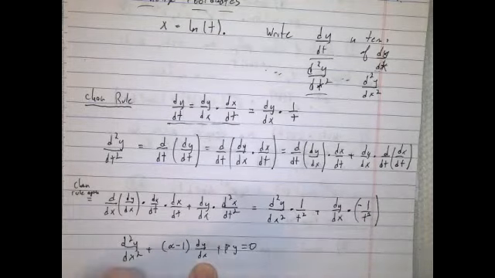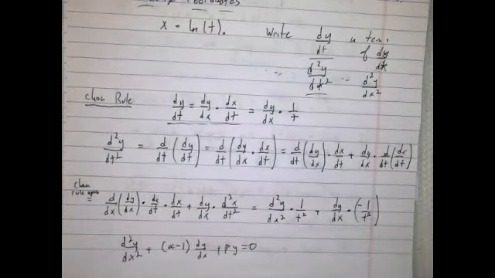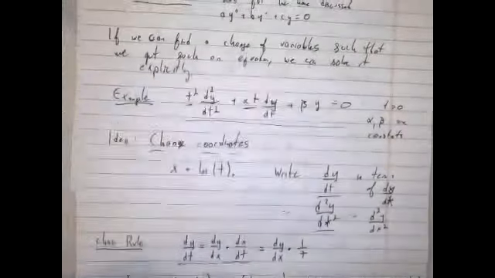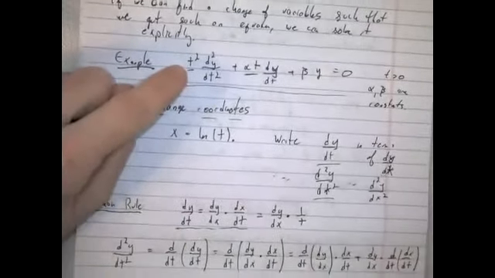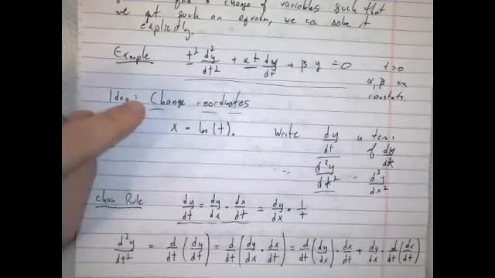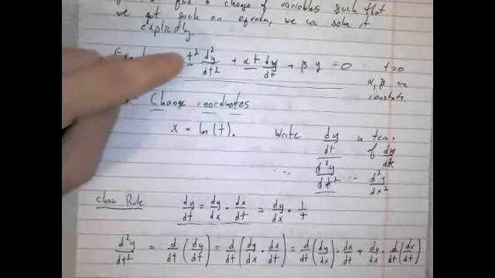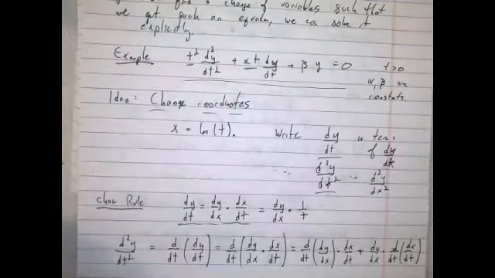Any questions on this change of coordinates that's just been done? This only works if we have a differential equation following that exact format. Yeah, this is very format specific. The idea of changing coordinates is very general, and there are many changes of coordinates you can try to make such a differential equation more tractable.